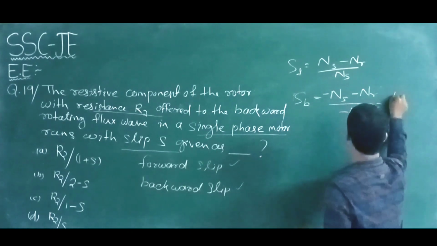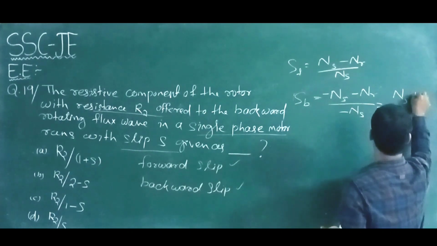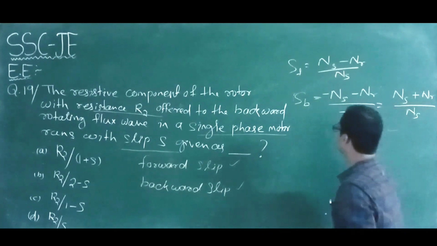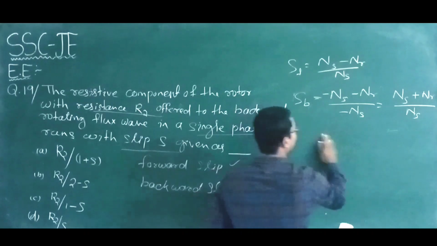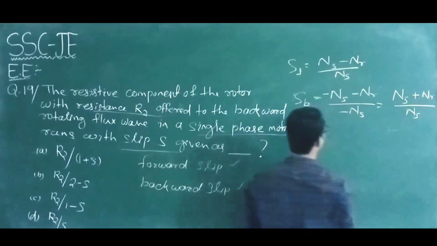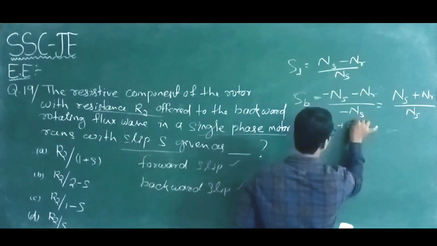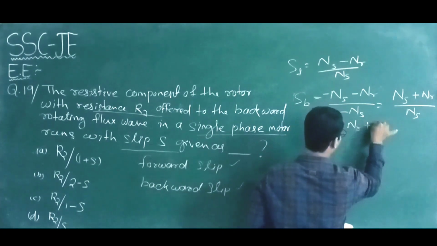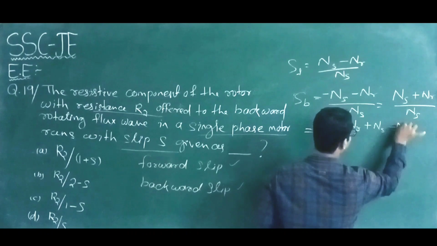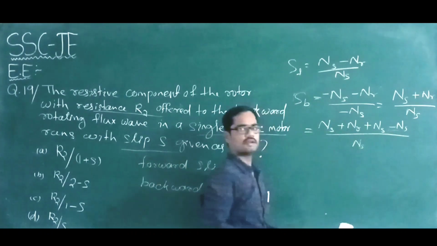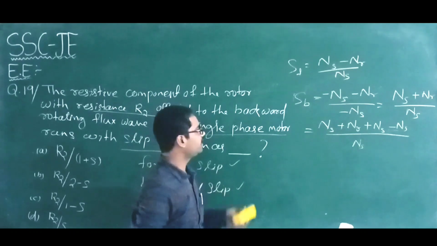So it will be (Ns plus Nr) divided by Ns. For simplification, we are just adding and subtracting Ns.